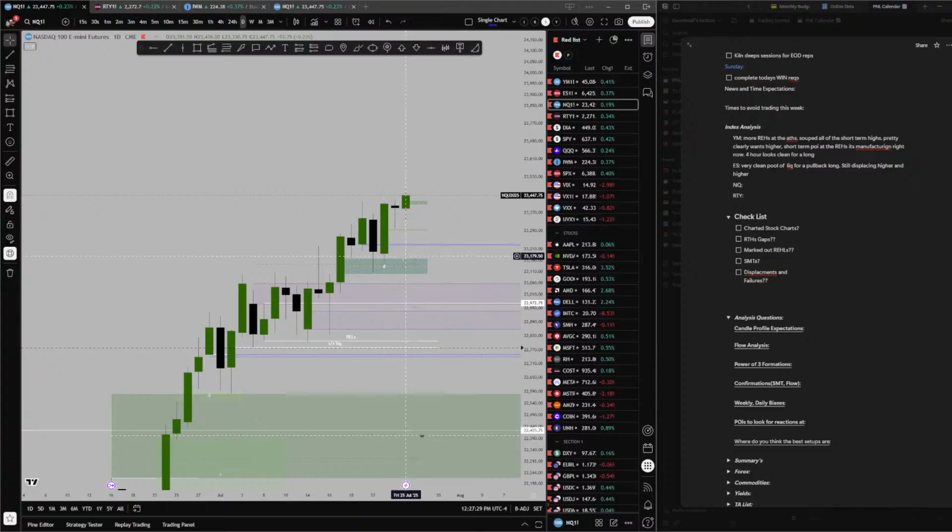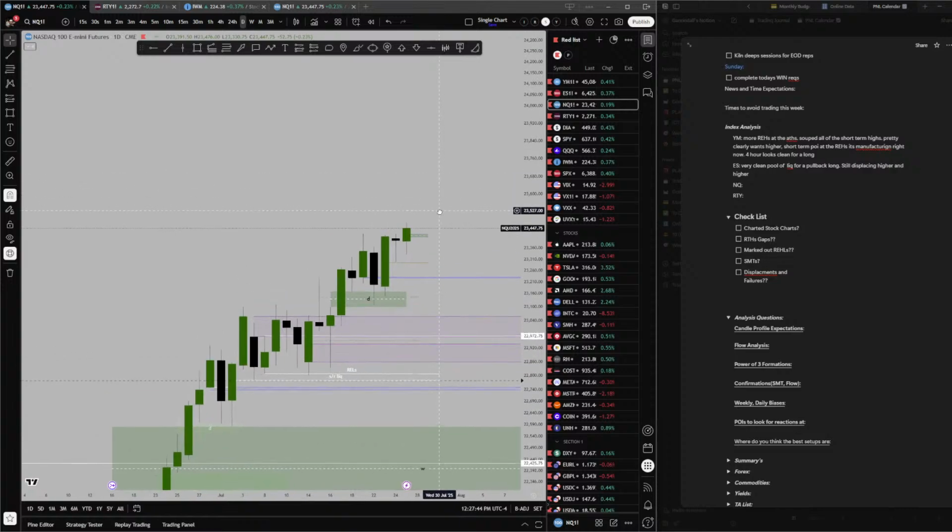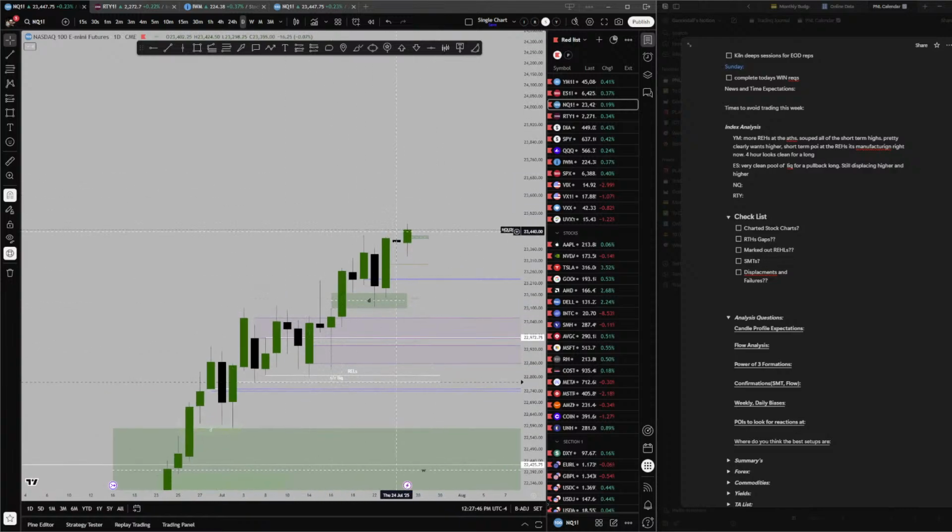All right. So it looks like there's a daily here. This was a nice level for the move this week. And nothing here still on the daily, just lots of interesting highs with liquidity above them.